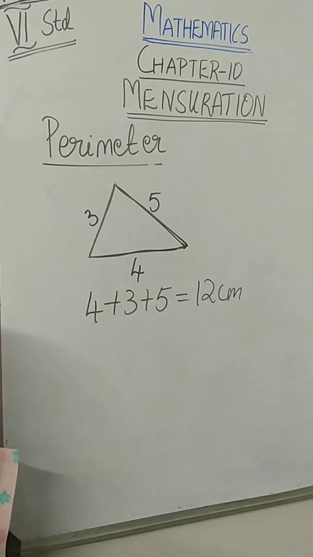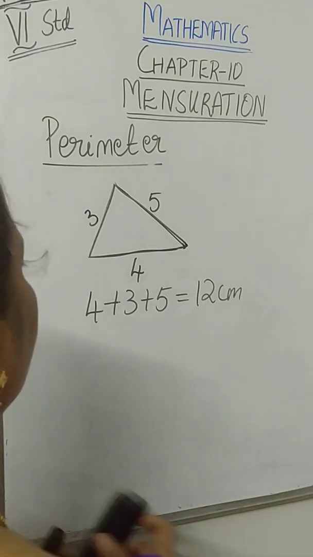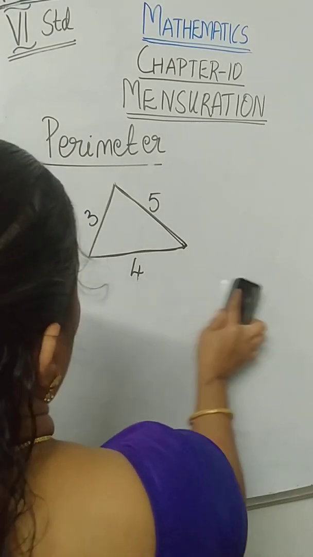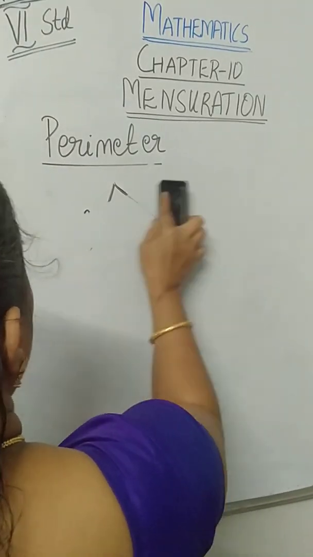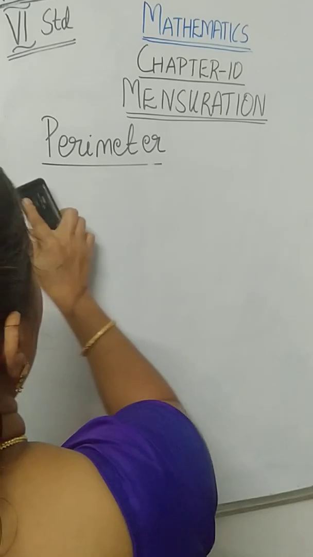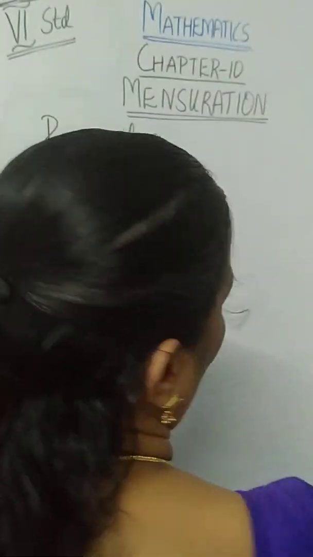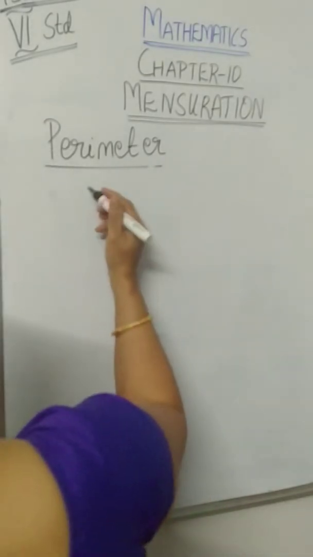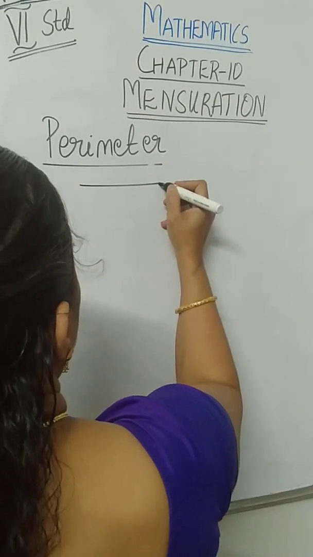Here we learn about the perimeter of different figures. It should be a closed figure and it should be made up of line segments, that is it should be a polygon. I'll show you an example of a figure. Look here.